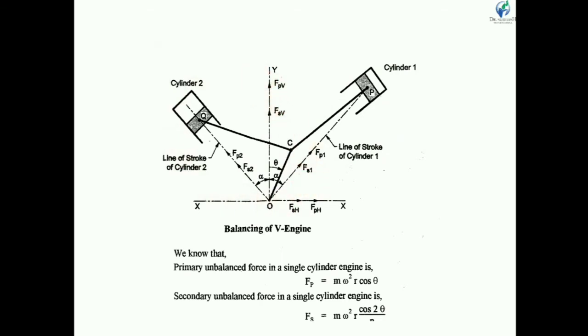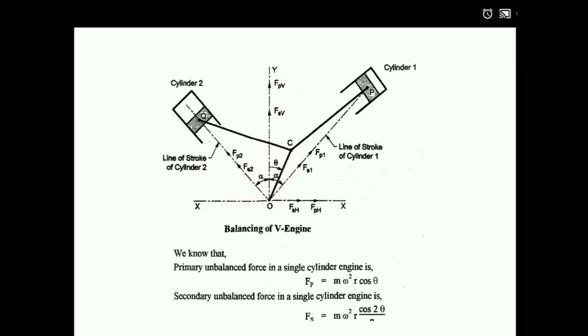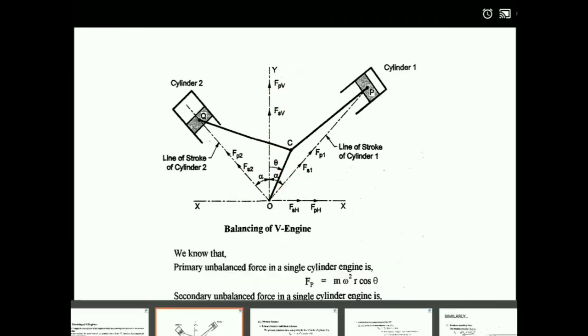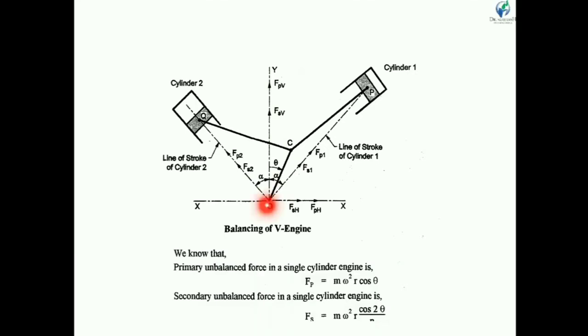Here we have considered 2 alpha as the V angle. If we imagine a symmetric figure, then the center line of cylinder 1 makes an angle alpha with the vertical axis. Similarly, the center line of cylinder 2 makes an angle alpha with the vertical axis.